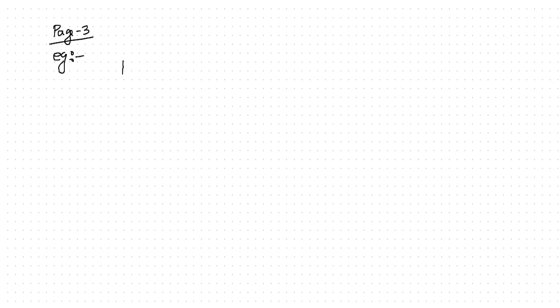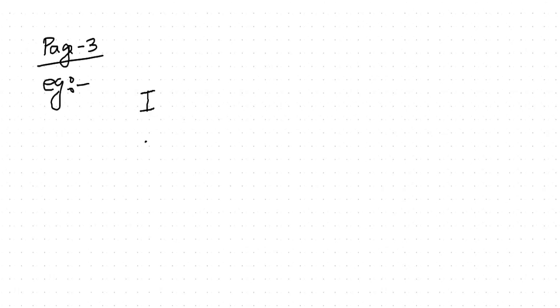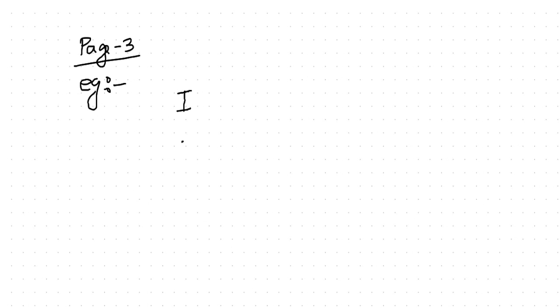I will represent simply: Roman letter 1 means factory 1, Roman letter 2 means factory 2, and this is factory 3. Number of men and number of women. This data is given in the problem.